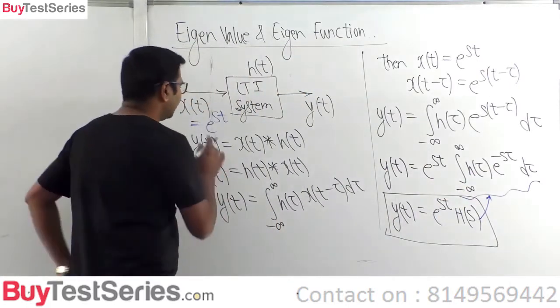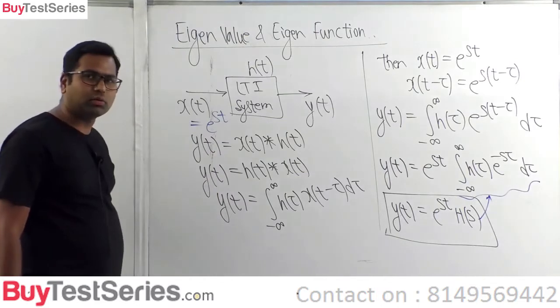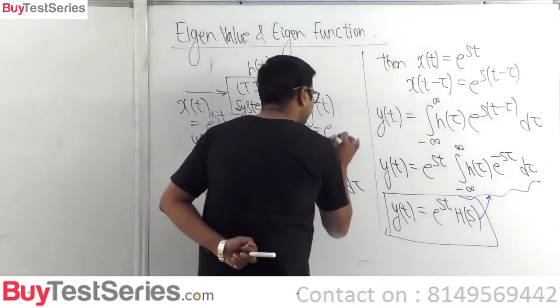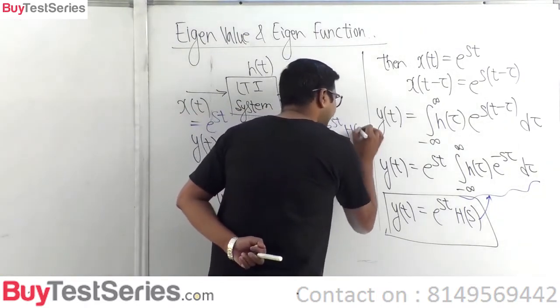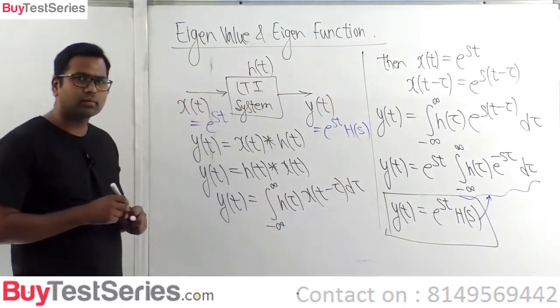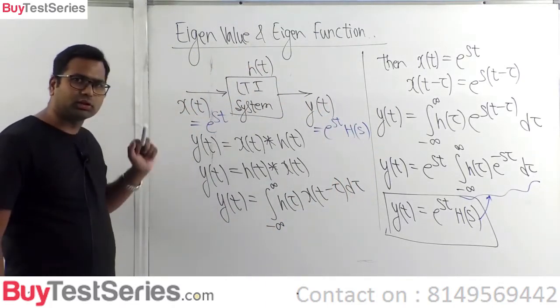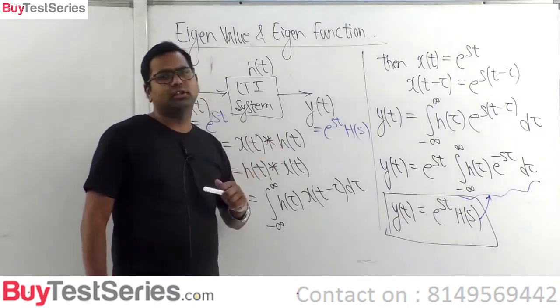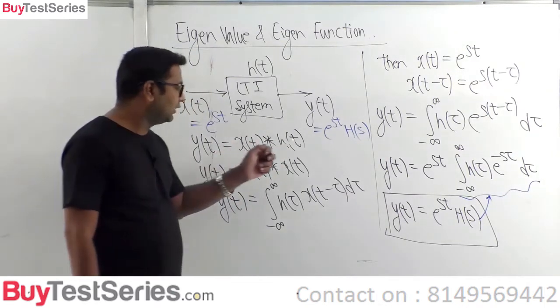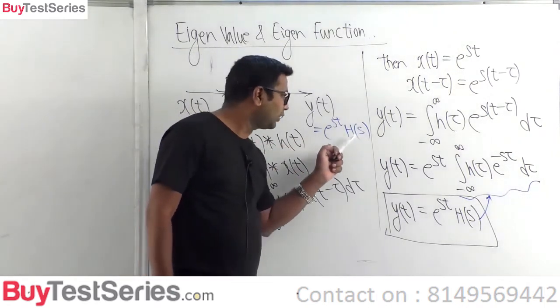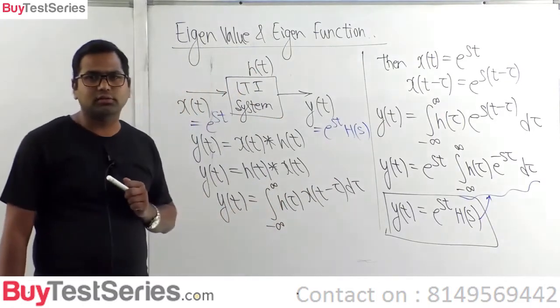If you observe, the input was e raised to st and the output is e raised to st multiplied by capital H of s. Thus, the function at the input appears as it is in the output, and this function is multiplied by a constant which is H of s.